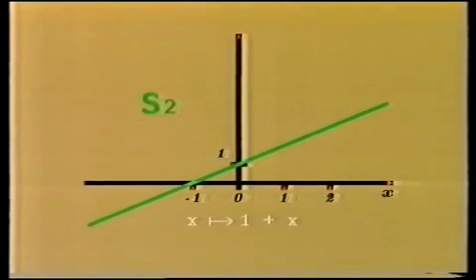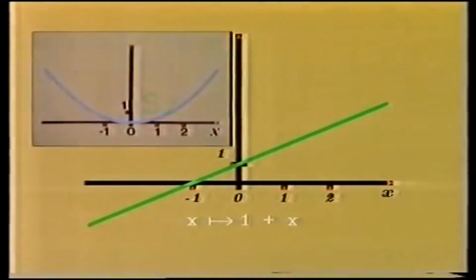So this is S2. Now for the third partial sum. That means adding in x maps to x squared over 2 factorial. This function is positive except at the origin. So to the right of the origin, the combined function S3 will have larger values. And to the left of the origin, the graph will be raised up as well.